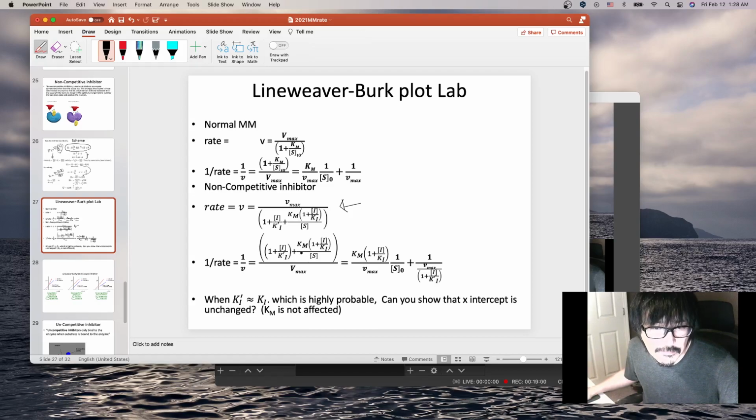So I swap and then separate into 2 terms. One term contains 1 over S, that's that one, and the term that doesn't contain S is going to be the y-intercept. So ax plus b, right? Basically. That's pretty much what I have here.